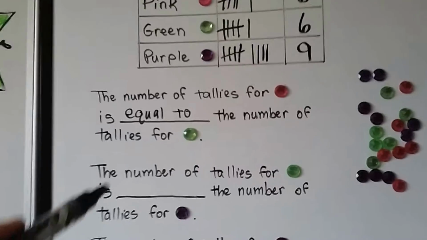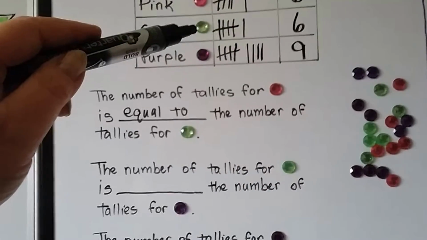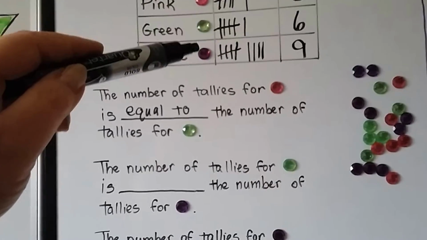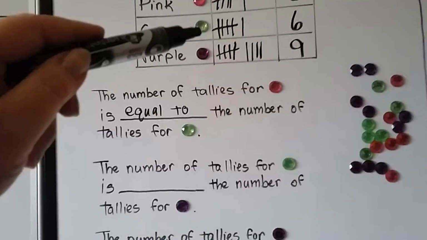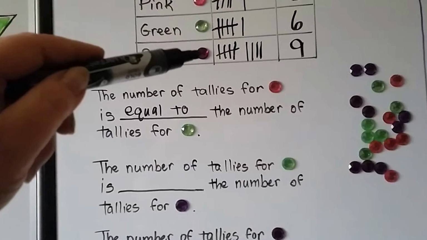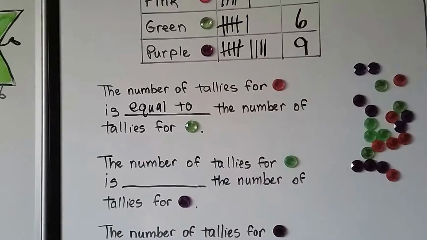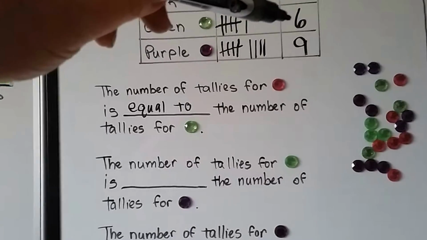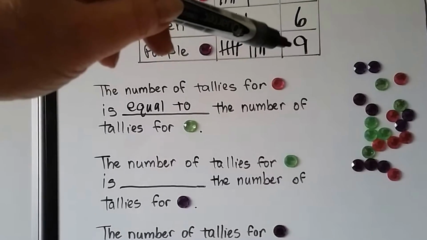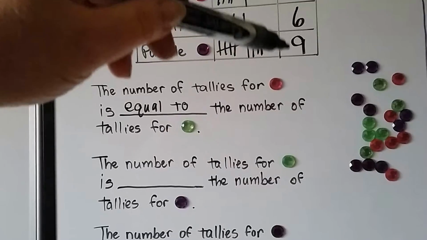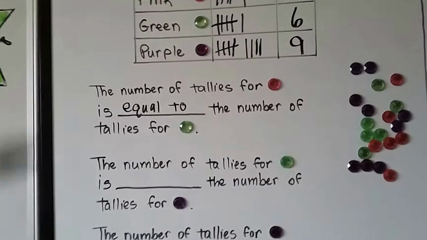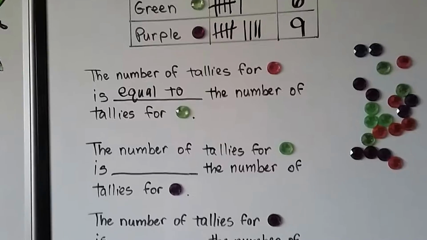The number of tallies for green gems is blank the number of tallies for purple. So are the green ones less than, greater than, or equal to the purple ones? Is 6 less than, greater than, or equal to 9? Well, 6 is a smaller number, isn't it?